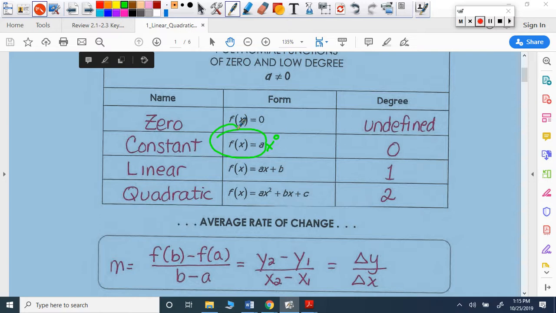Anytime you have y equals 5, the degree is 0, or y equals 7. No exponent means it's a 1. That's why this guy's degree is 1, and it's a 2. In your quadratics or any polynomials, they're written in descending order. Alrighty. So, just to review, that should have been kind of familiar.